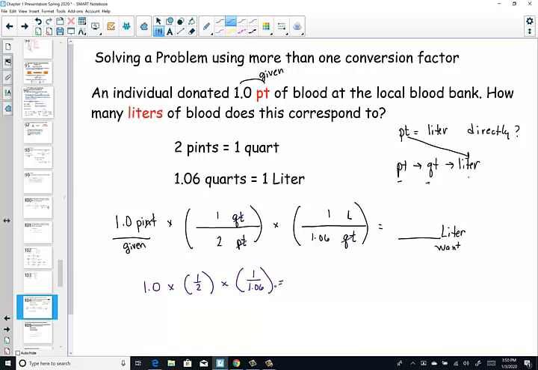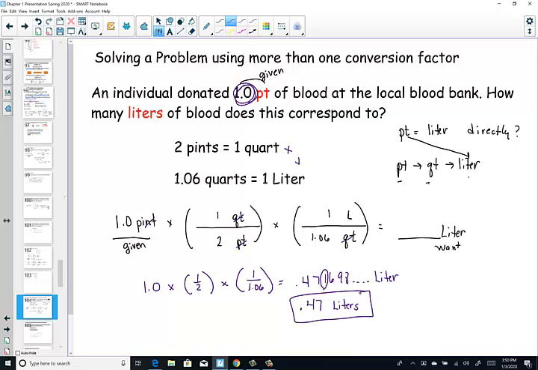Don't forget to close those parentheses as your work is showing you. And the calculator reads 0.471698, and it keeps going. Now, how many sig figs are we allowed? Not by the conversion factors, but by the number in the problem, we're allowed 2 sig figs. So the first number we have to drop is the number 1, so we will not be rounding. 0.47 liters is our final answer.